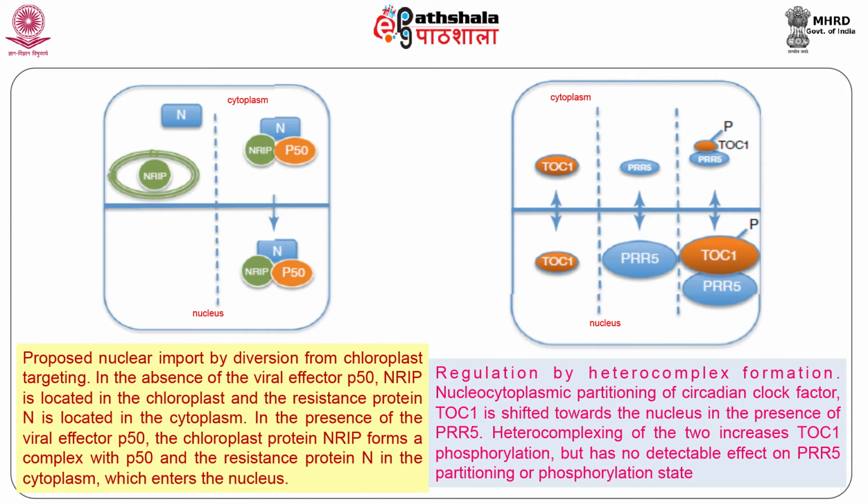A large proportion of PRR5 is always present in nucleus independent of TOC1 levels. But when PRR5 is overexpressed, TOC1 is concentrated in nucleus. So, PRR5 facilitates both nuclear accumulation and hyperphosphorylation of TOC1.